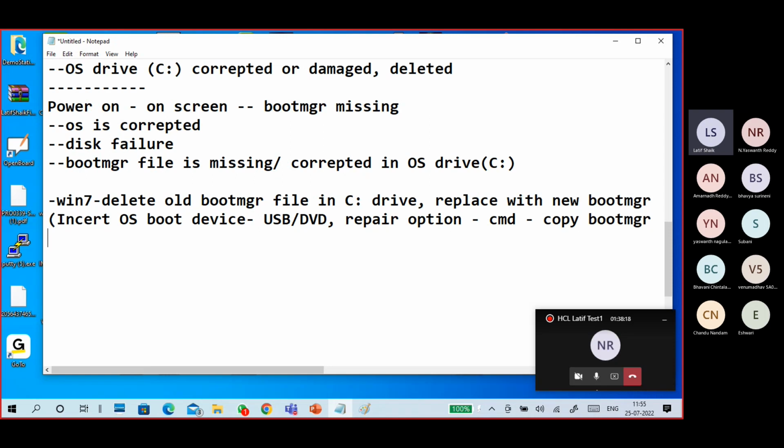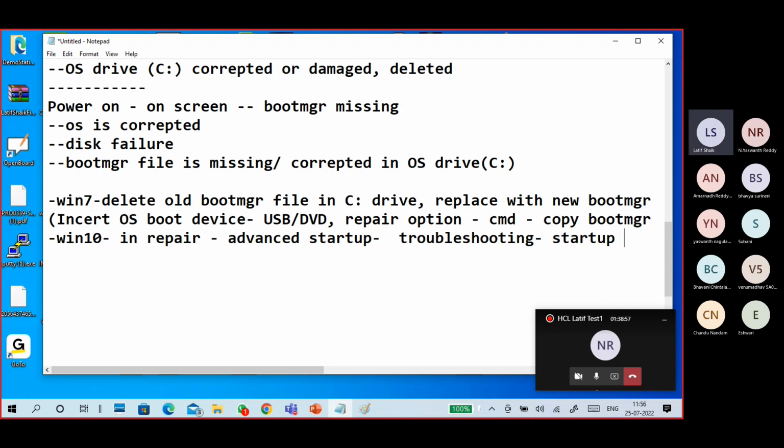That is generally for Windows 7, but in Windows 10, go to repair if possible: Advanced startup, Troubleshooting, Startup Repair.